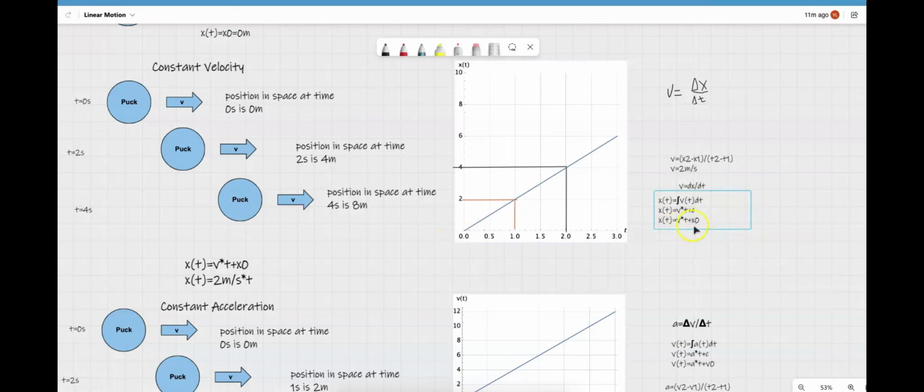But we're going to title that x naught, or x0, because that is our starting position. We established up here that x is 0 at time 0, that is our starting position for this problem. So we call it x naught. Solving like we did, seeing that it's 0 here, then our equation for this particular example is 2 meters per second times time.